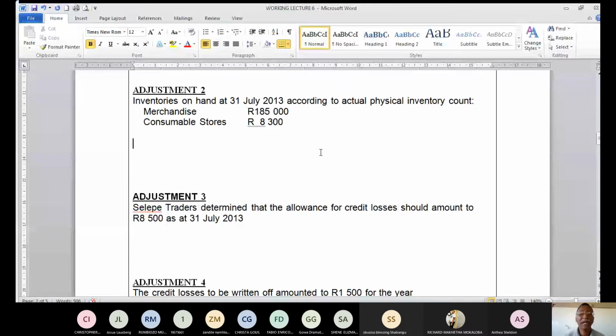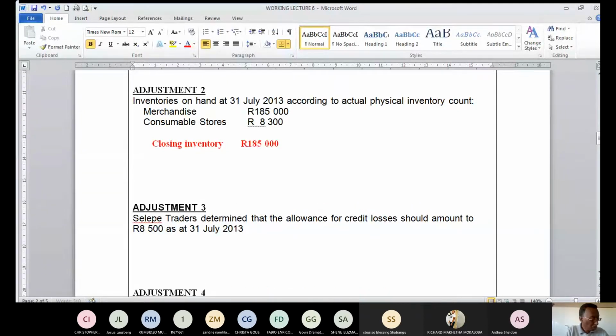Adjustment number 2 tells you that at the end of the year, according to a physical inventory count, we have got merchandise of 185,000 Rand. So that 185,000 Rand is now called our closing inventory, the value of inventory at the end of the year, 185,000 Rand.